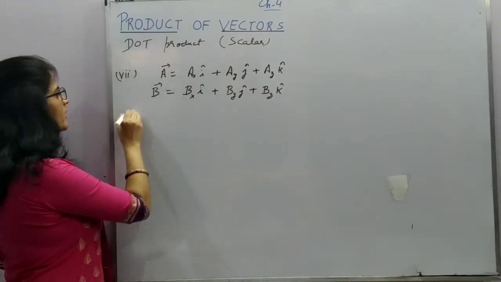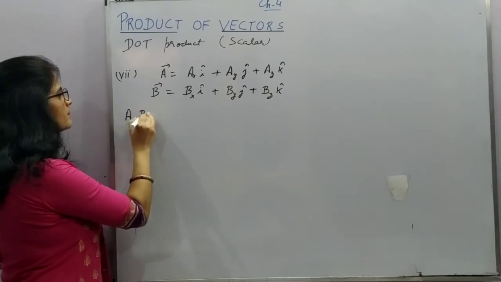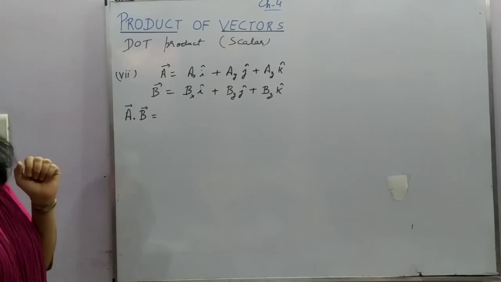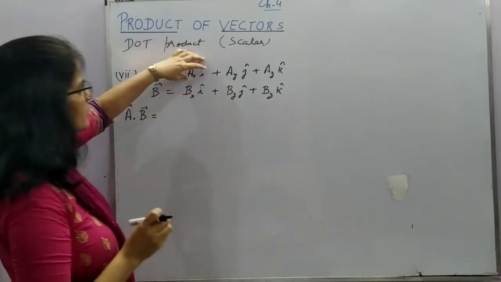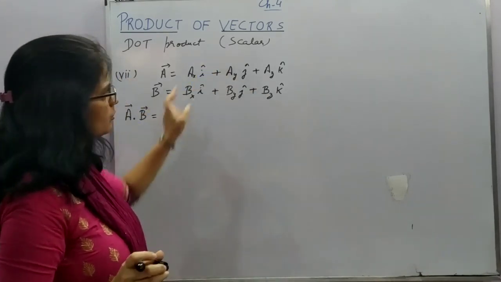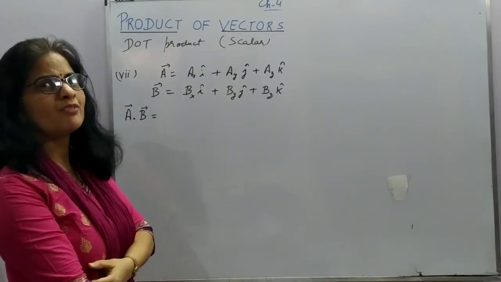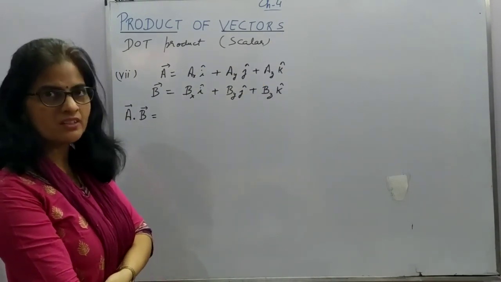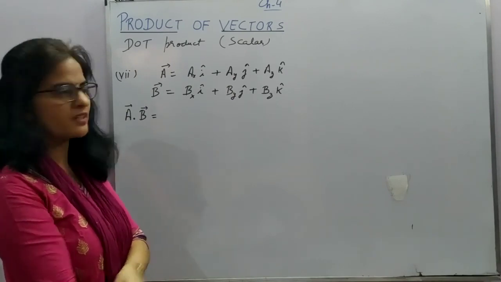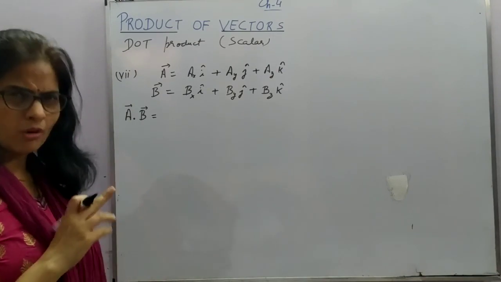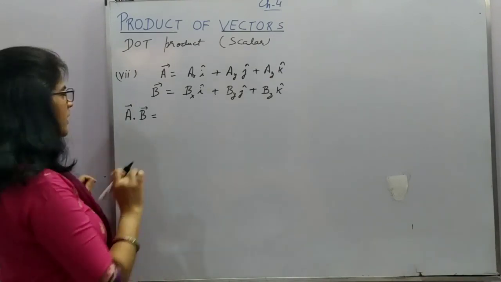If I have to find A dot B vector, now beta, when we simply multiply things, what do we do? We multiply the first quantity with the whole equation, the second with the whole equation, the third with the whole equation. Right? But we know that i dot i is 1, j dot j is 1 and k dot k is 1. The rest are 0. So I'll take one longer step to help you in understanding this.